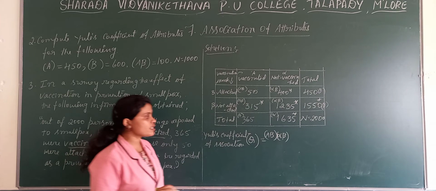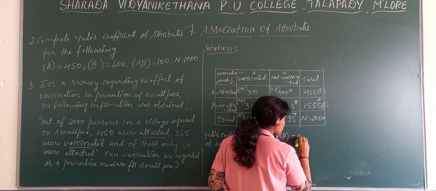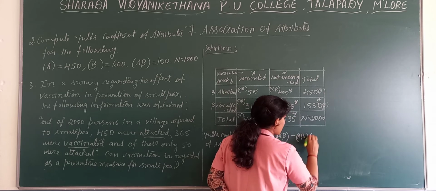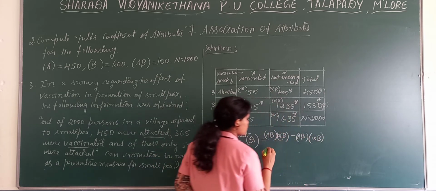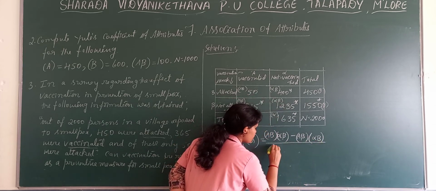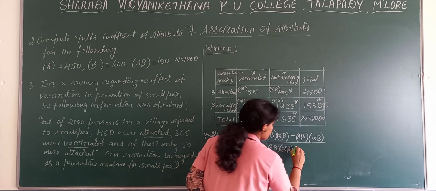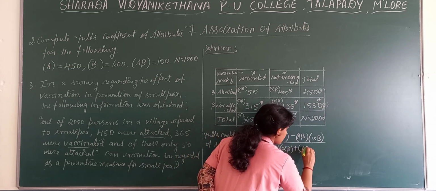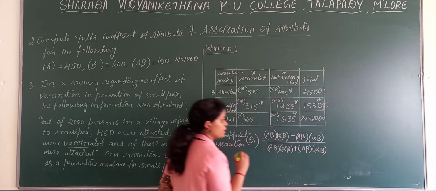Mention it there, it will be easy. Minus A beta into alpha B, divided by AB into alpha beta plus A beta into alpha B.